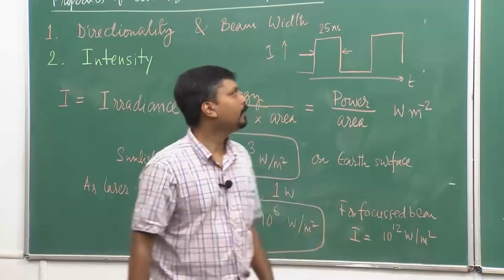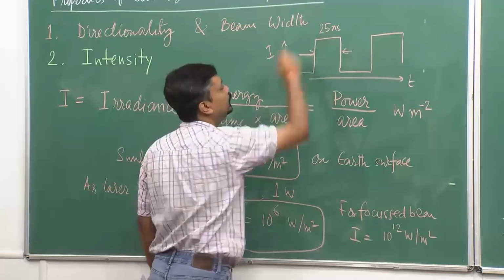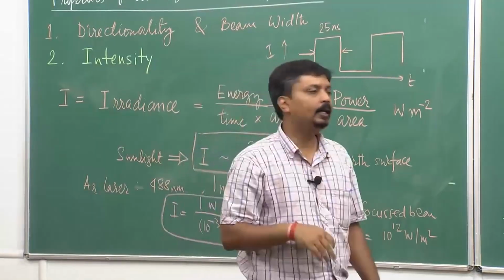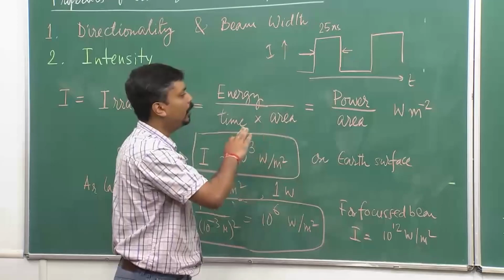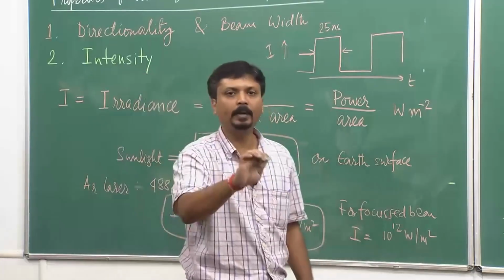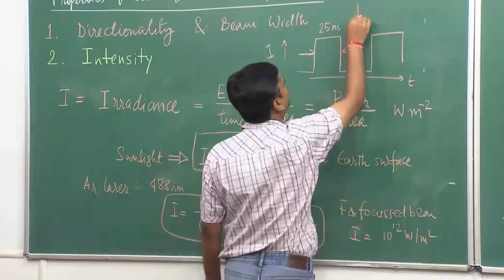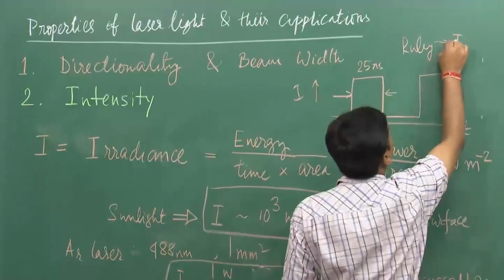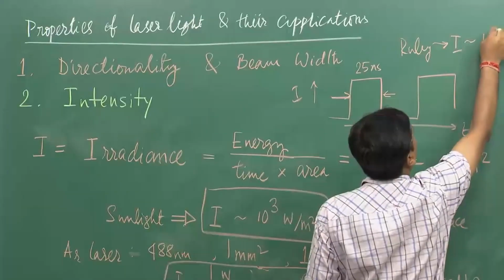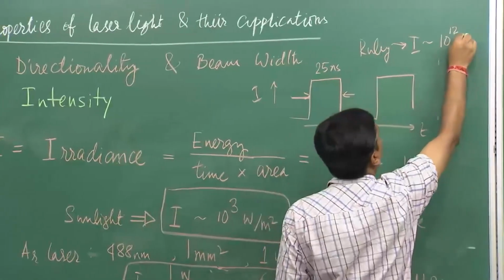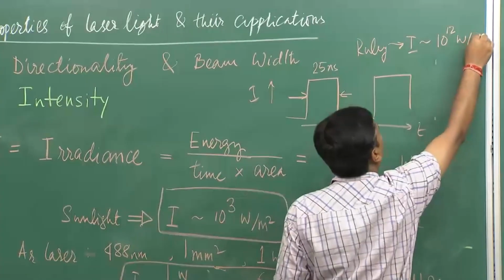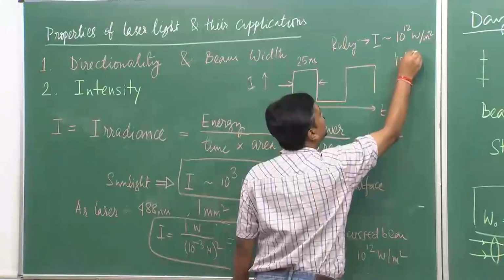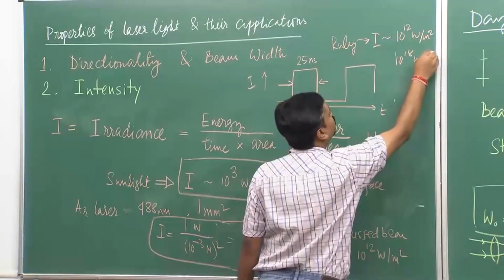If we take that, we have to normalize with respect to this time, because power is energy per time, right. So you will see that overall an unfocused, that is a collimated, beam of ruby laser gives an I value of 10 to the power 12 watt per meter square, and when you focus it, it goes to 10 to the power 18 watt per meter square.